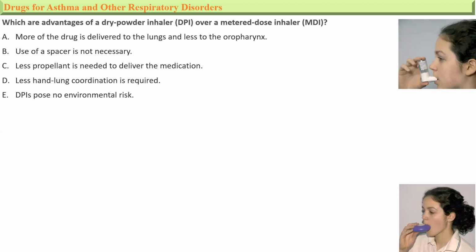DPIs present no environmental hazard because no propellant is required for delivery. So the answer would be A, B, D, and E, all but C.